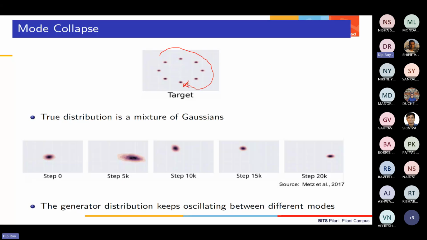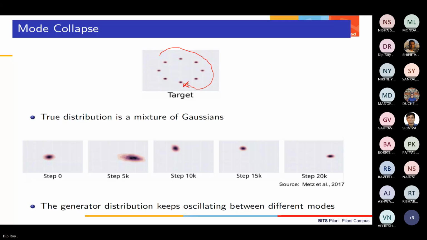And then it stops generating samples from other modes because it has found a way to fool the discriminator. Okay. So mode collapse means that the generator fails to sample from all the modes of the true distribution, right? So instead, it learns to generate samples from a small subset, often just one of those modes. Okay, this is what it is.